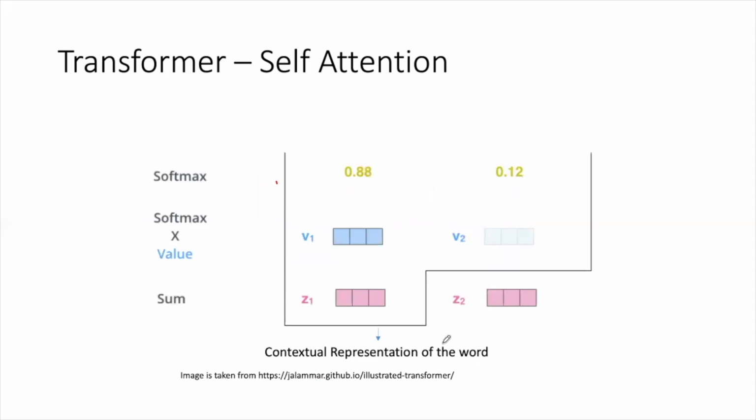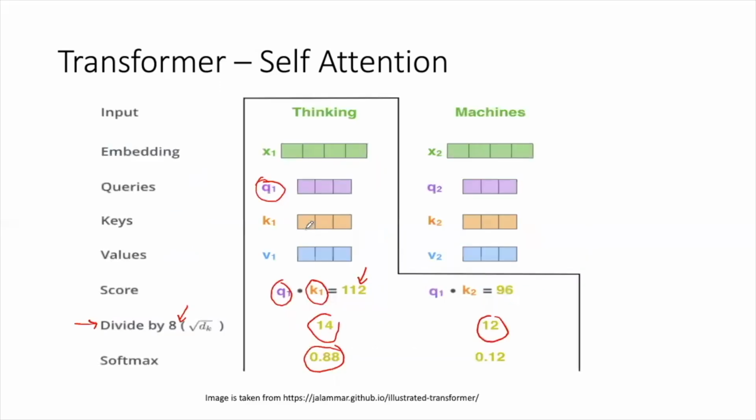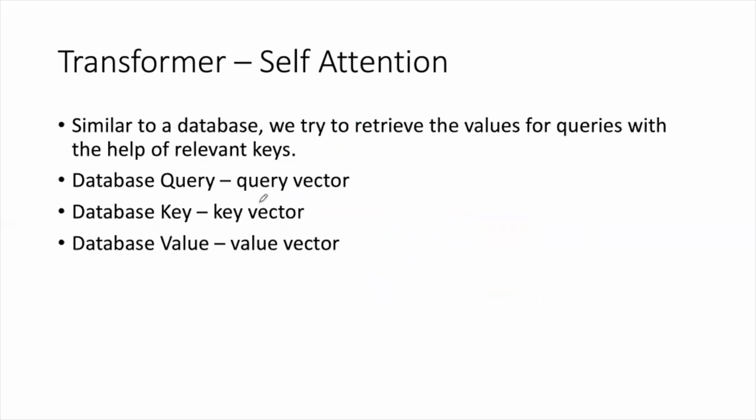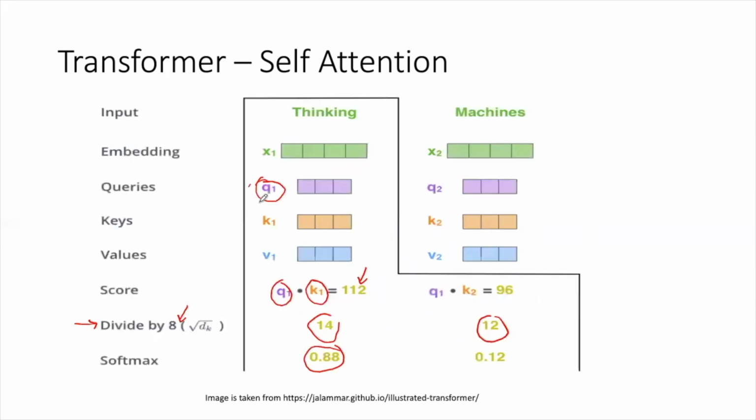Once we calculate the scores, our next step is that we multiply the scores with the value vector. We once again saw that every word is associated with query, key and value vectors. So the value vectors that are present here, we multiply those.